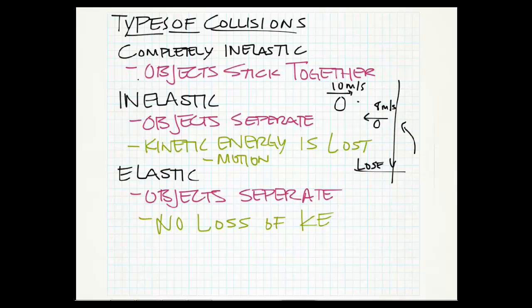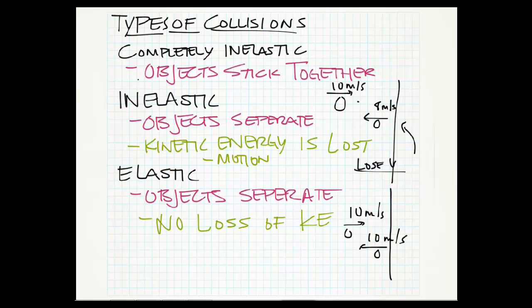But as long as we're thinking about the ball hitting the wall, the ball comes in with 10 meters per second, and it's going to leave the wall with 10 meters per second as well. It's a clean bounce. It has all of the energy coming off the wall that it went in with.